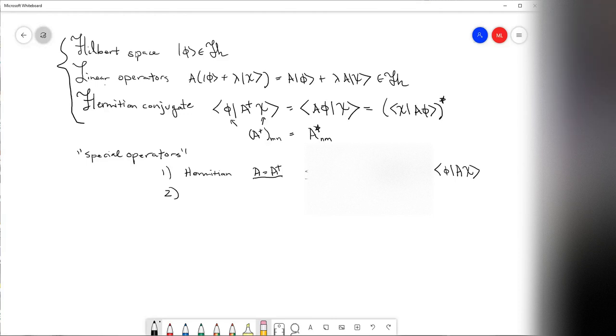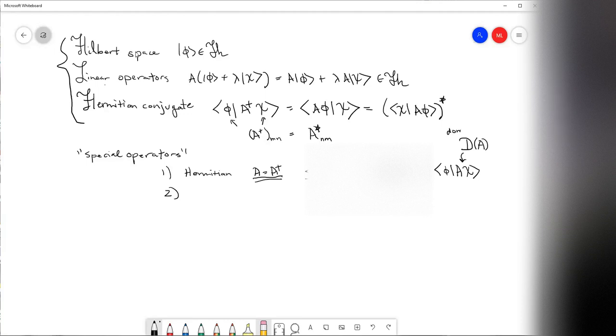And the reason there's a subtlety between this statement, which is called self-adjointness, and this one is sometimes A doesn't act on all vectors in the Hilbert space. A is only defined on some domain, which is denoted by D of A. This is a set of vectors on which A acts.